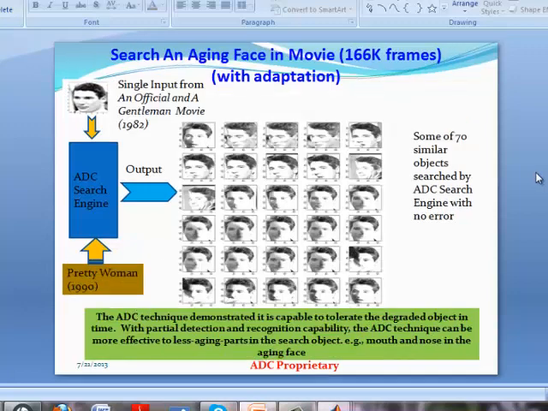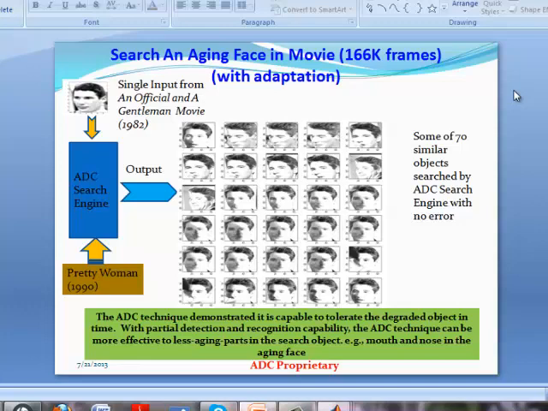Another interesting thing is to study the aging phase or aging object, because over time the object can degrade, depending on how much, and whether our algorithm is able to detect it or not.